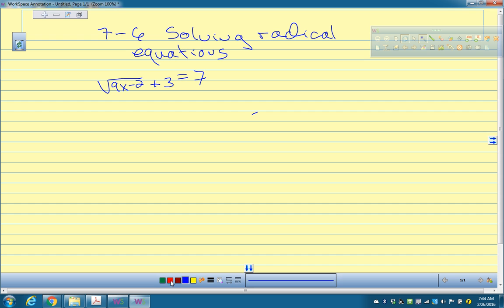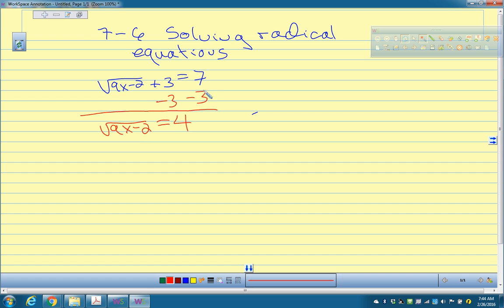So I'm going to get rid of the 3 first, because then I have the square root of 9x minus 2 equals 4, right? And then I want to get rid of the square root. How do I get rid of a square root? I multiply by itself, or I square it, okay?